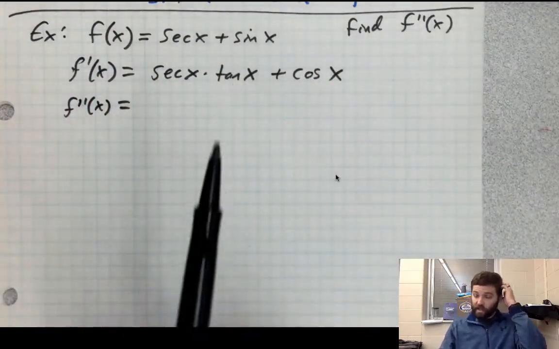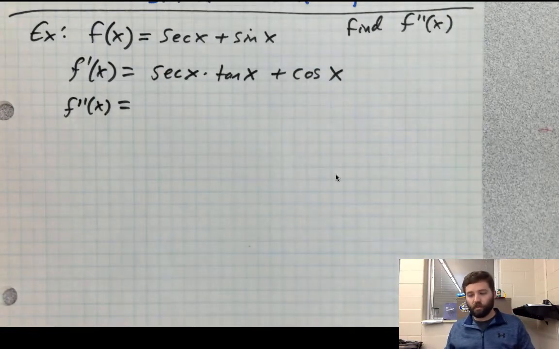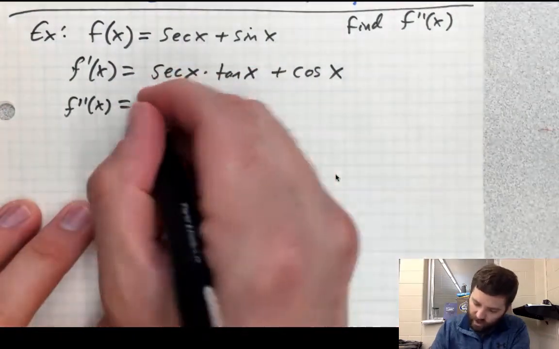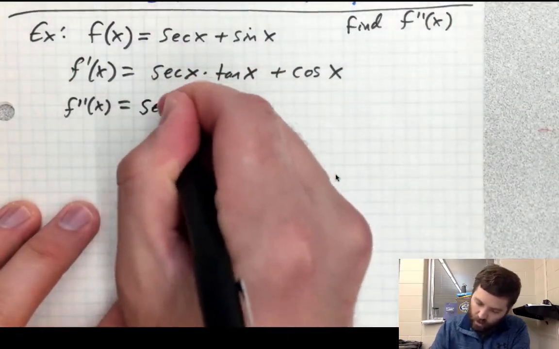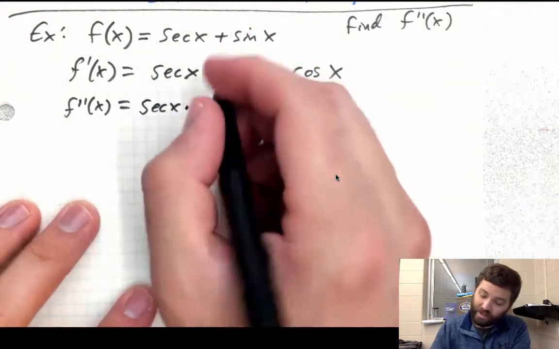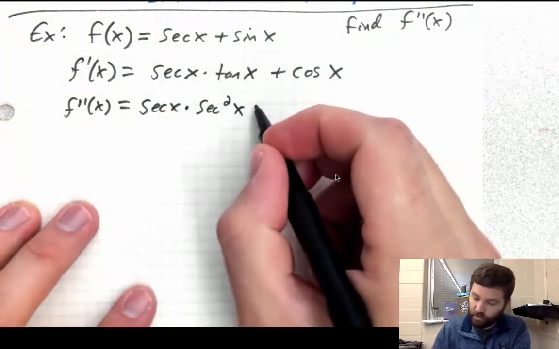To derive secant times tangent, we're going to have to use the product rule. So that'll be the first times the derivative of the second plus the second times the derivative of the first, and then we'll deal with cosine on its own. So let's do that. So the first function is secant times the derivative of the second. Derivative of tangent is secant squared. By the way, you should, of course, pause and try this on your own. See how you do.